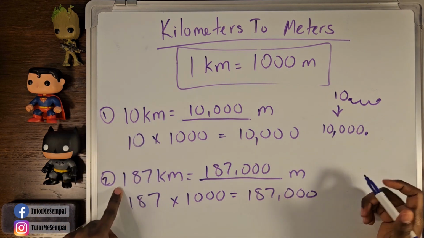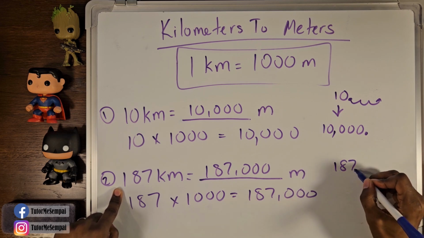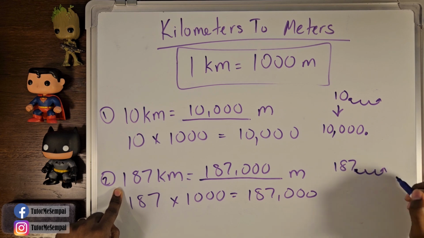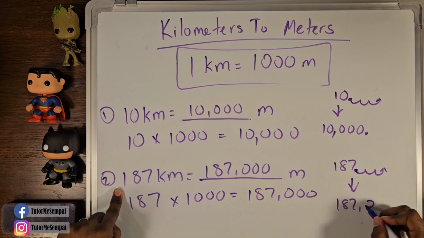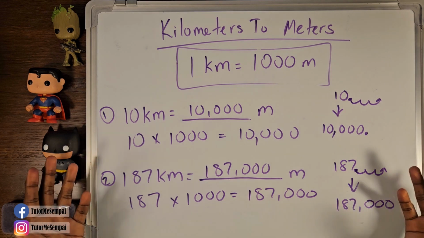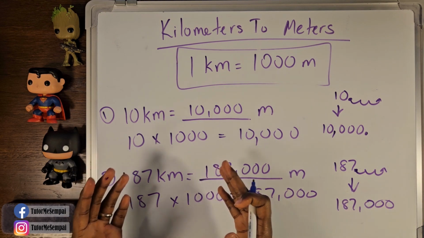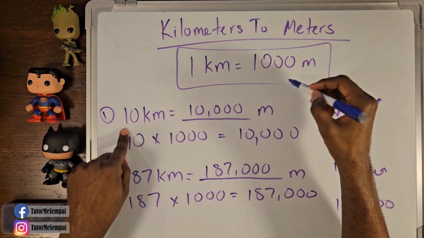Doesn't matter. Likewise, you have your 187 here. Don't have your decimal, put it, move it to the right 3 places, and that gives you your 187,000. So if you don't need to show your work, here's a nice shortcut that you can use. But if you do need to show your work, just multiply your total number of kilometers by the 1,000.